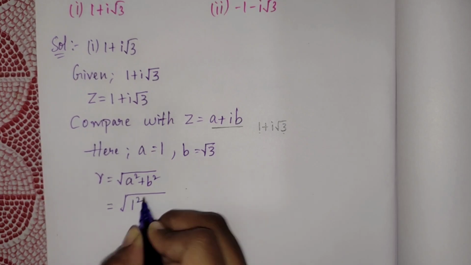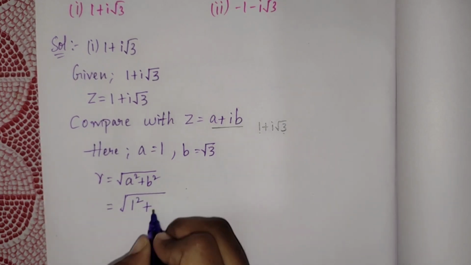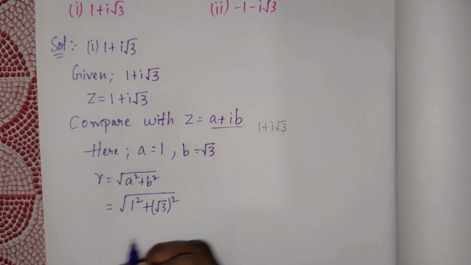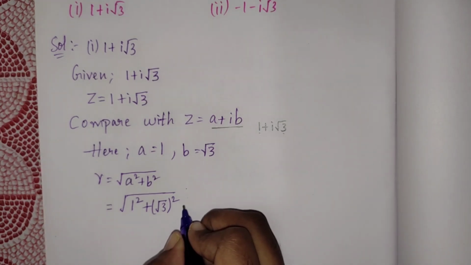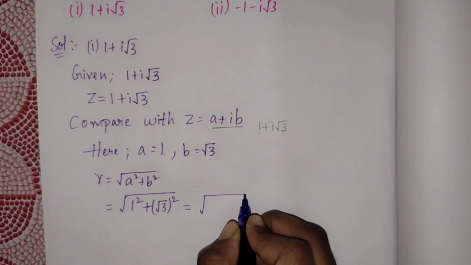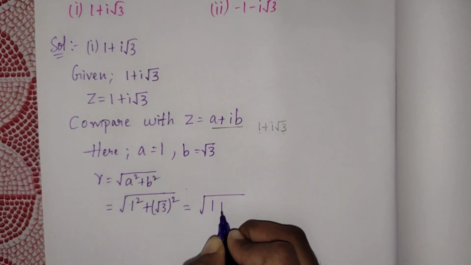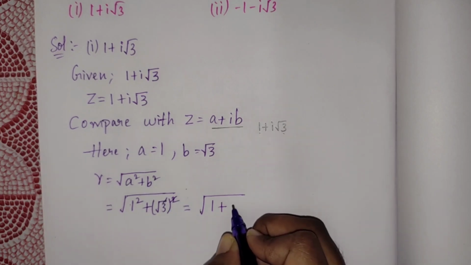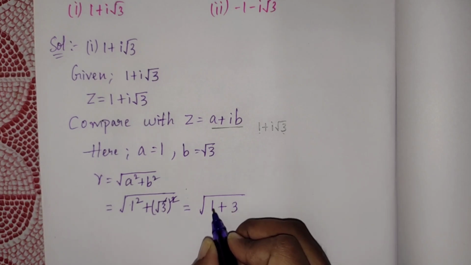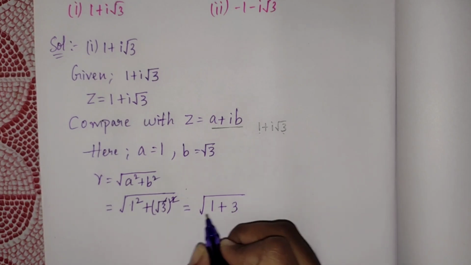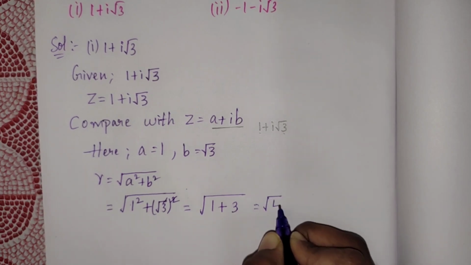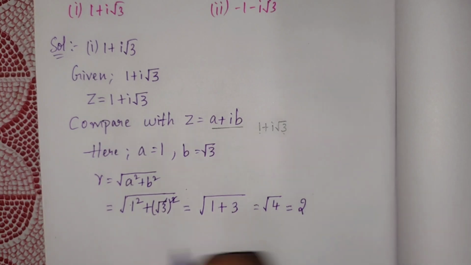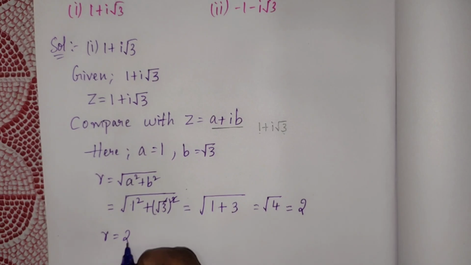Root over 1 square plus b means root 3 whole square is equal to root over 1 plus 3, square root get cancelled, then 3, 1 plus 3 is 4, root 4. Root 4 means 2. R equal to 2.